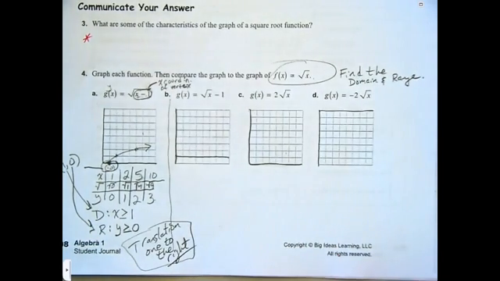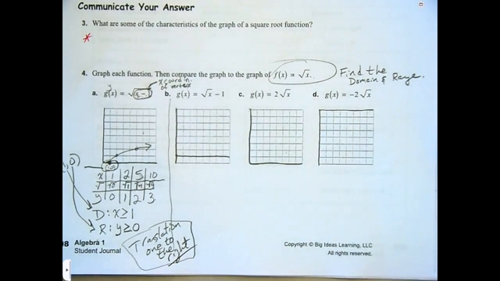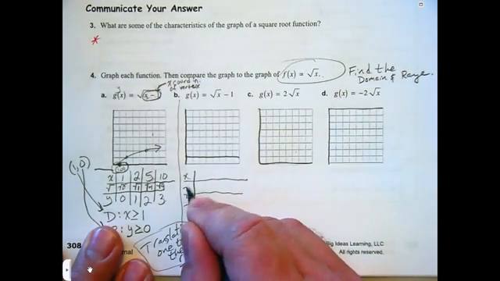You also need to list to yourself right here, find the domain and range. All right. I want you to finish those 3 problems. We'll go over those on our next class. Make sure to draw those tables in. That'll help you out. Put that root there.